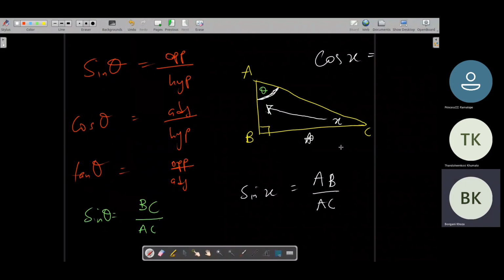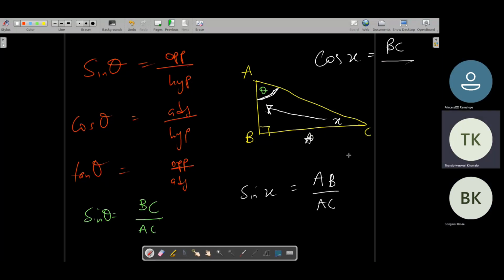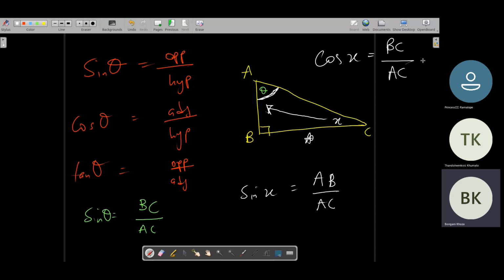Which one is the adjacent side? It's the bottom one, which is BC. So it will be BC over AC, like that. So this is your cos of x.